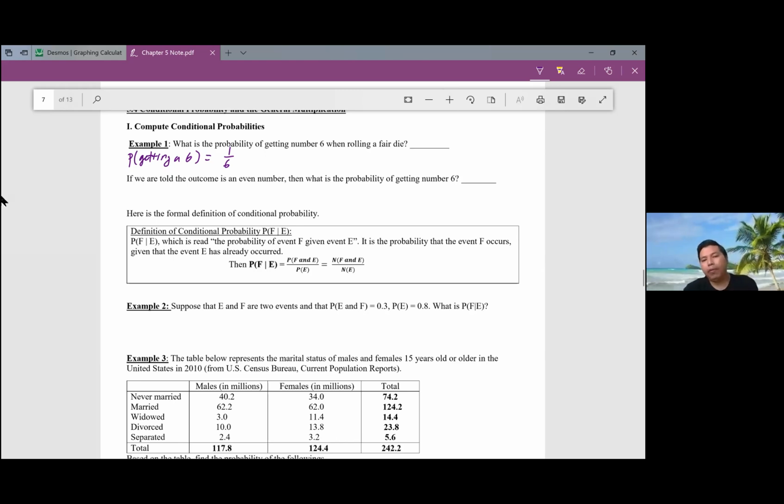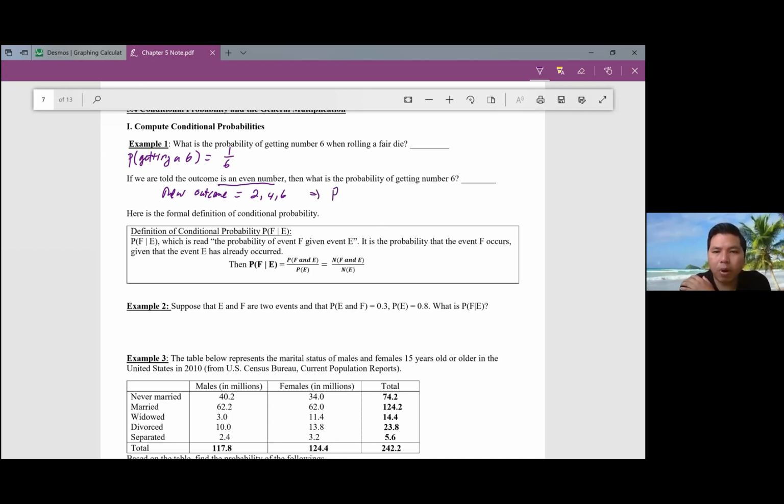Now, if I tell you that I roll a die and I can see it, and I give you the hint that the outcome is an even number, what is your chance of getting a number 6 after I told you that hint? 1/2. 1/3. 1/3. Okay. So if the outcome is an even number, then the new outcomes will be 2, 4, and 6.